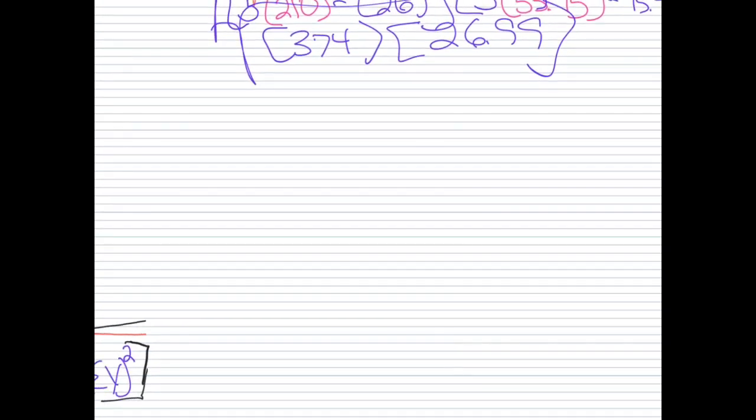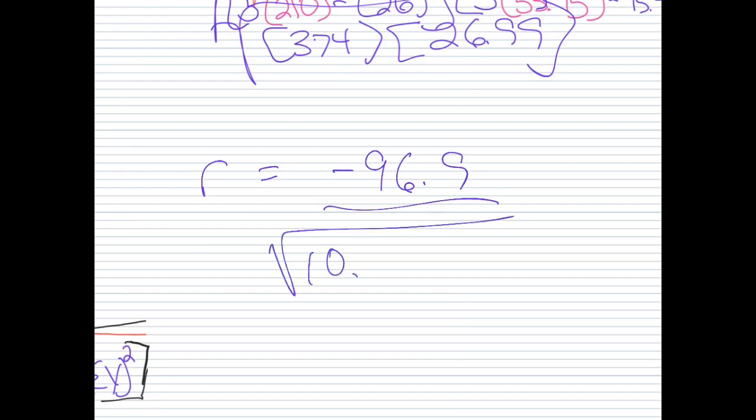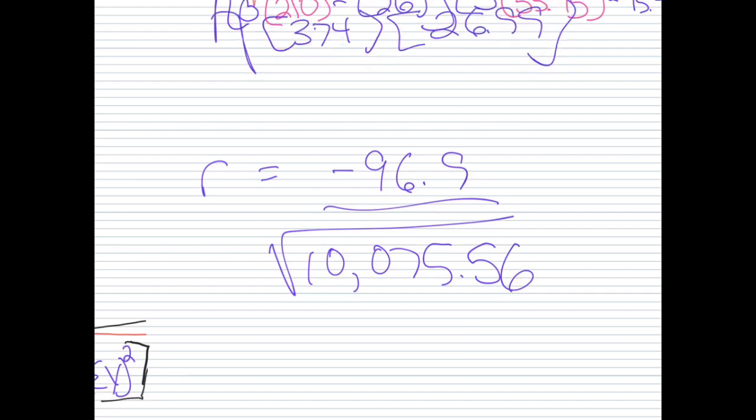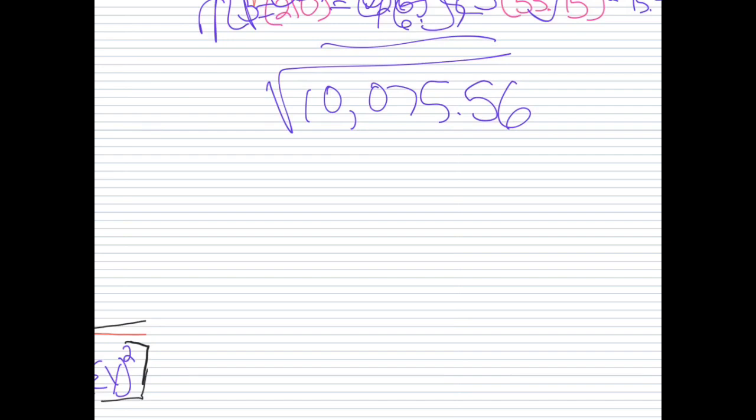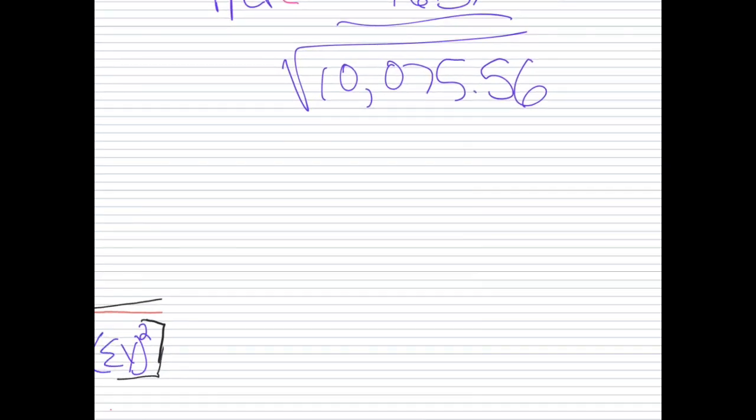Continuing on, we are going to get negative 96.9 over the square root of 10,075.56. When we take that square root, we are going to get that.